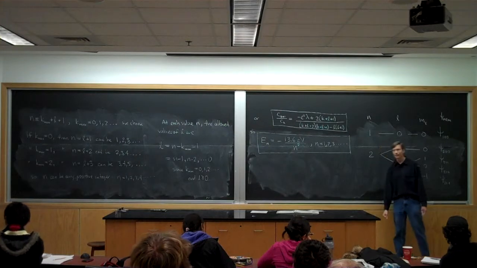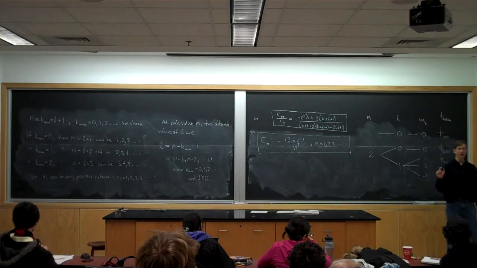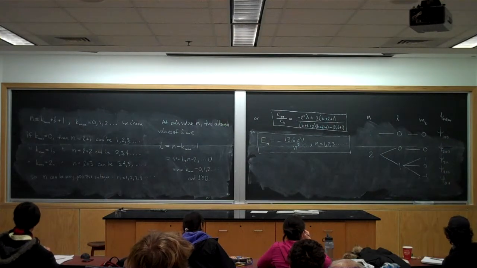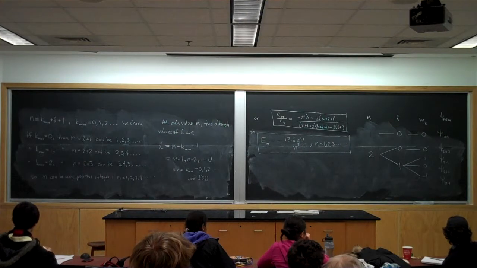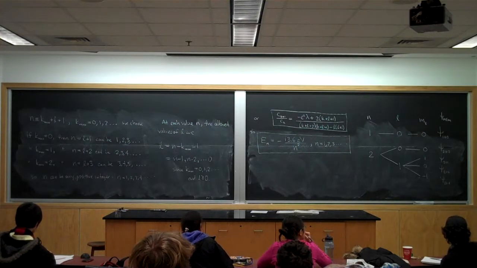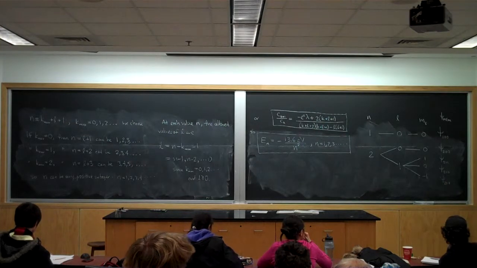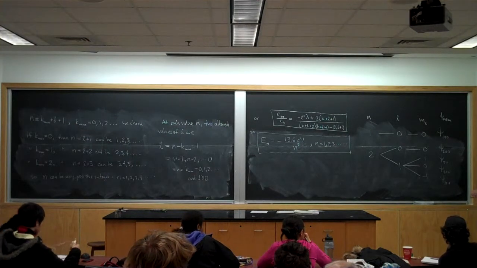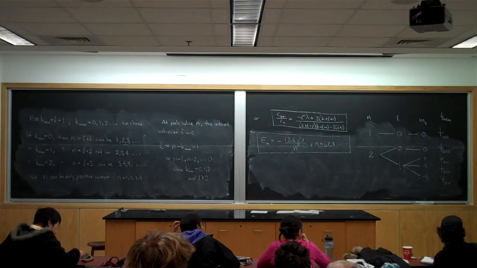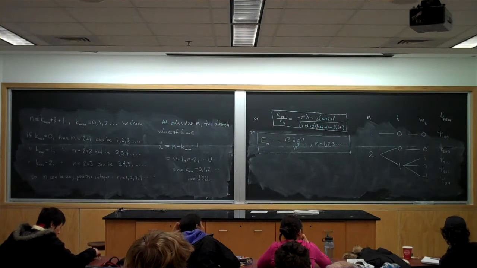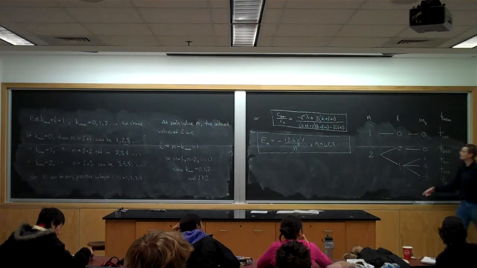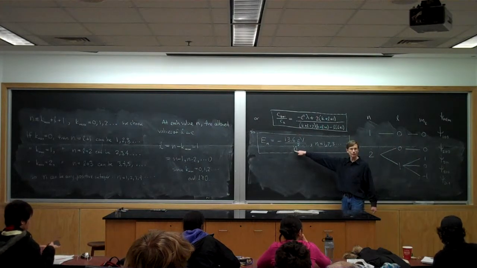Now it turns out there's what is called the spin-orbit coupling of the electron and the proton that leads to breaking of this degeneracy. So it's actually more complicated than this. But to lowest order, if you ignore the contribution of spin to the energy, then all these have the same energy because the energies only depend on the principal quantum number n.